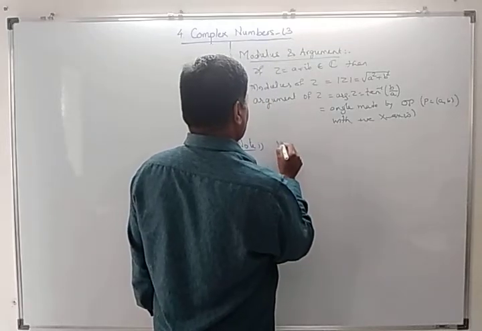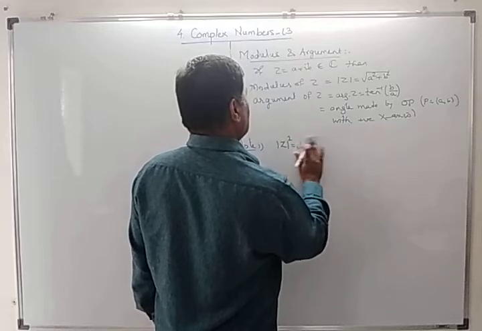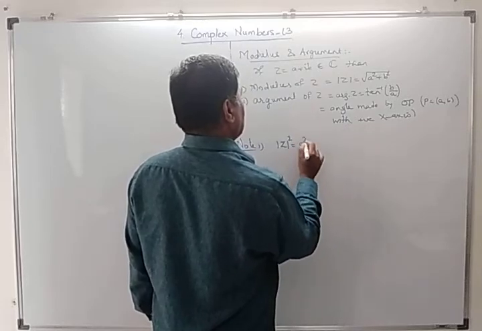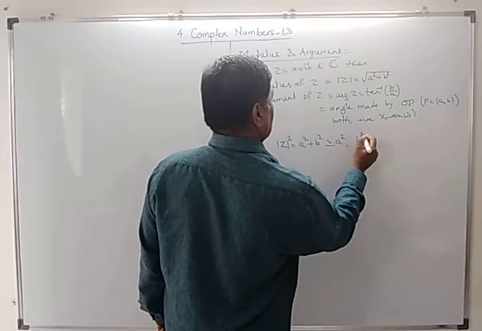mod z is equal to under root of a square plus b square, which is greater or equal to a square and b square both.